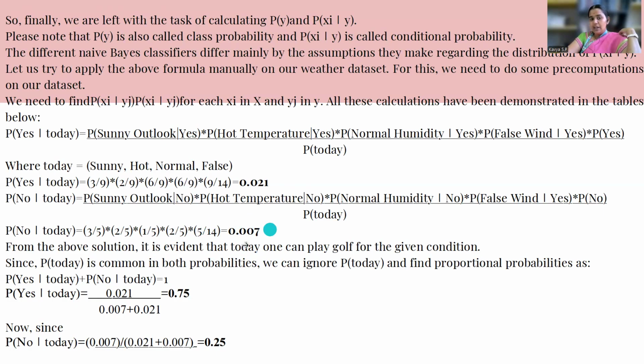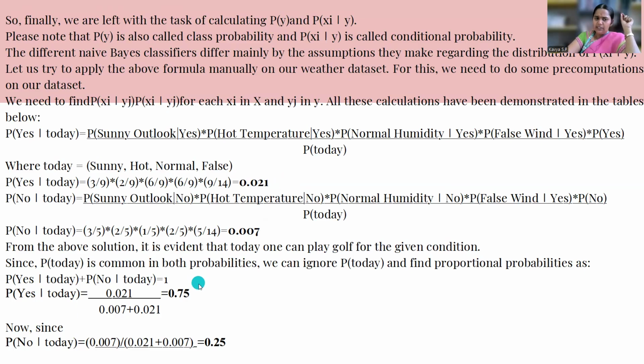So the resultant value is 0.007. Among these two, the one which is higher is the probability of playing golf. So on a sunny day, whereas the temperature is hot and the humidity is normal and there is no wind, on one such day, the decision is yes, I will play golf, right?